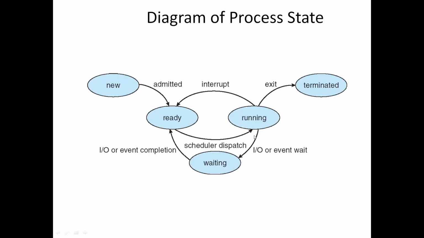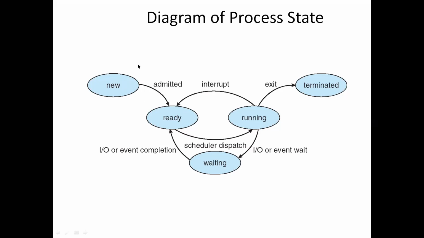Very, very important: here the process states are represented by the oval symbol only, and state transitions are represented by the arrow mark. Events are written here, because on the occurrence of an event, the process will change from one state to another state.